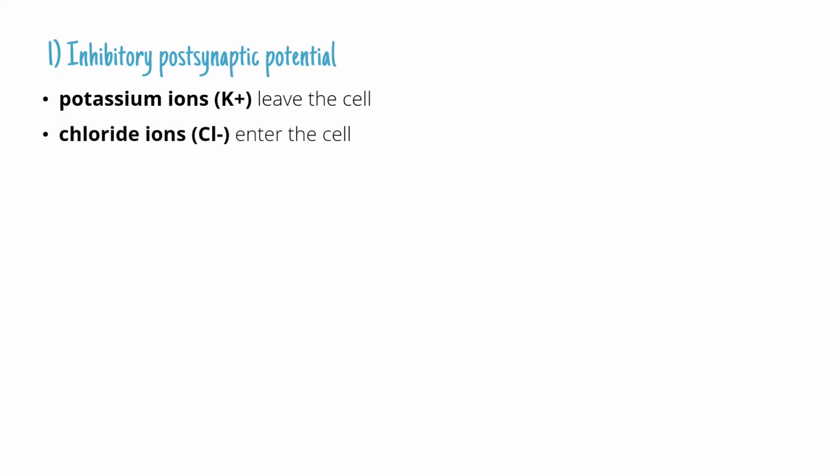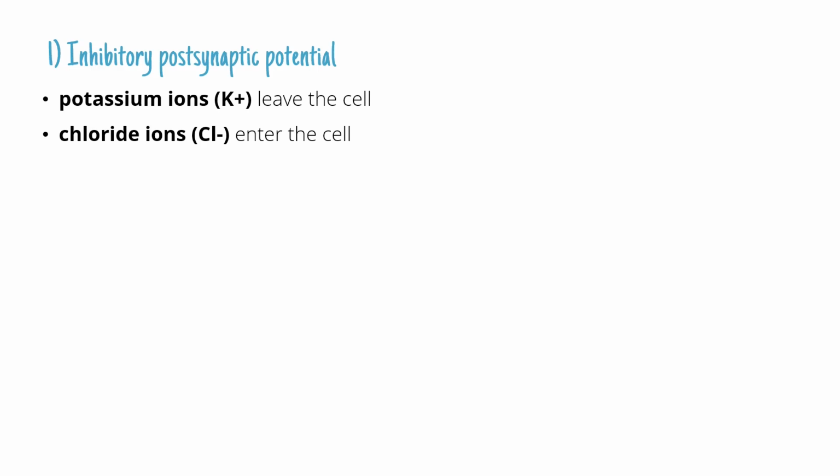What we can do is to open potassium channels, and when the positively charged potassium leaves the cell, the membrane potential will become even more negative. We can also open chloride channels and get negatively charged chloride into the cell.